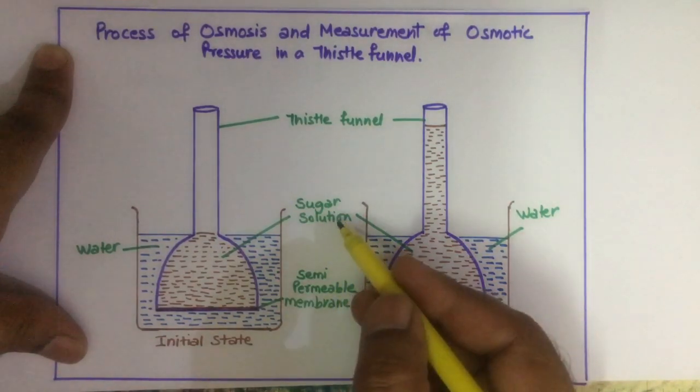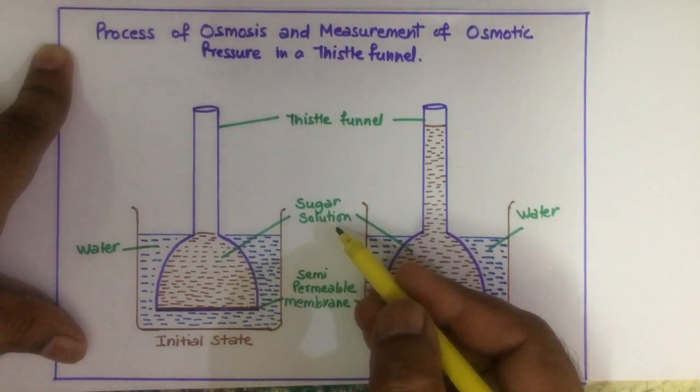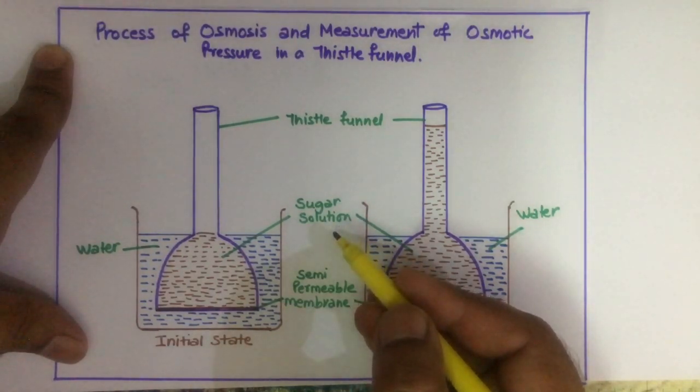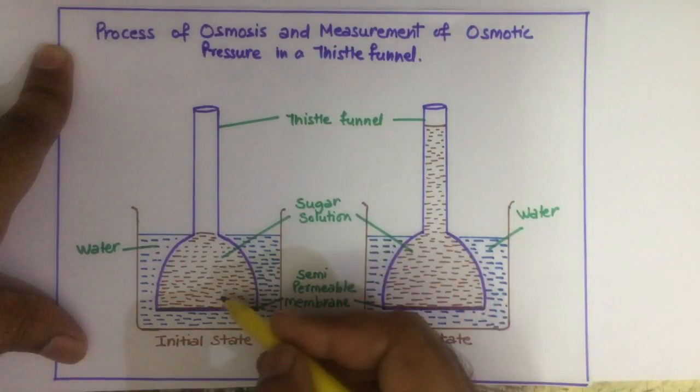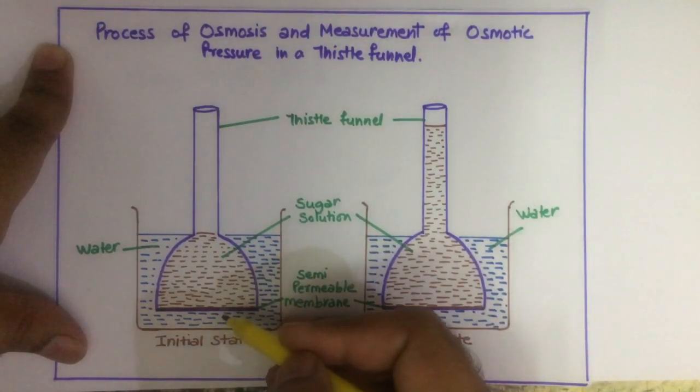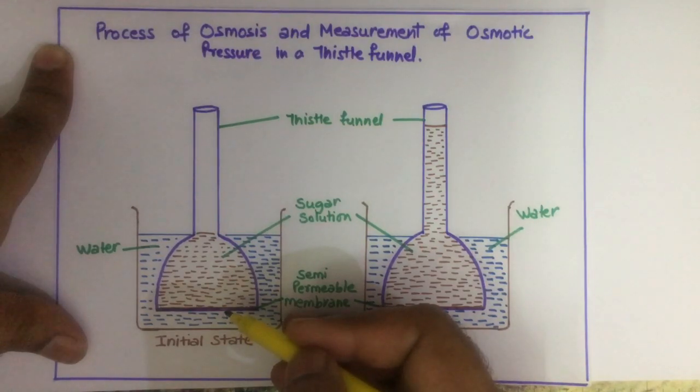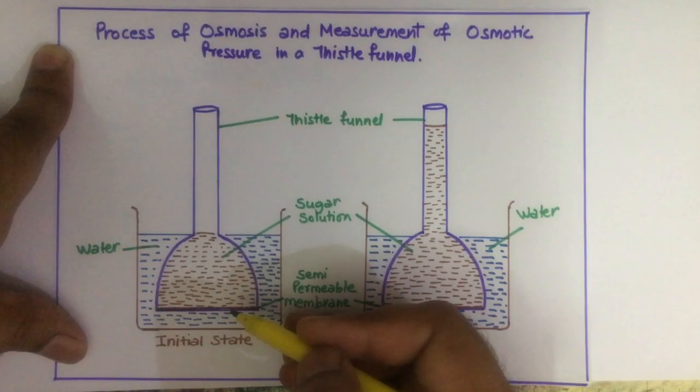Here we have an aqueous solution of sugar, which means water is the solvent and sugar particles are the solute. The semi-permeable membrane will allow the passage of water molecules but not sugar molecules.